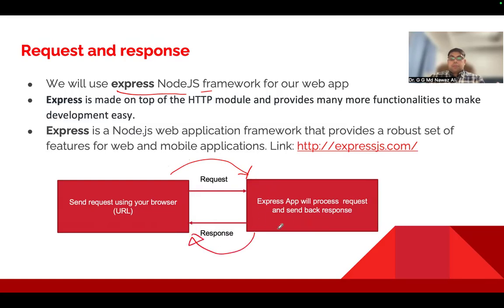But in our final one, we will connect our database, so Express will get the data from the database and send it back, and then Express will send the response to the user. So the database part is still missing. In the next class, we'll connect with the database.